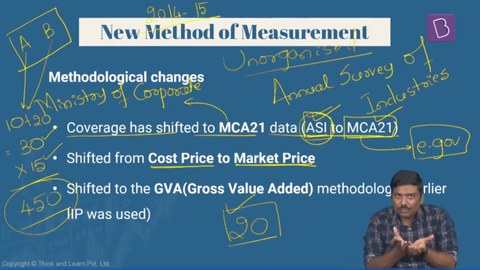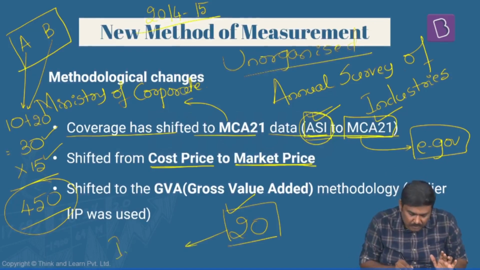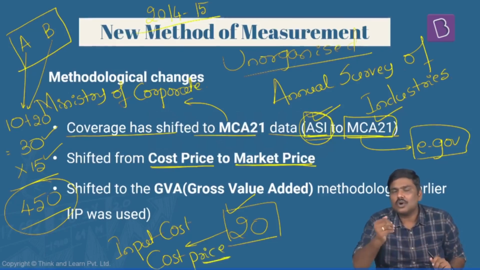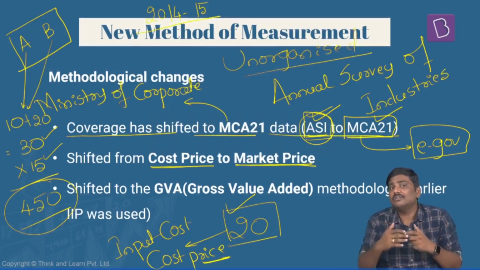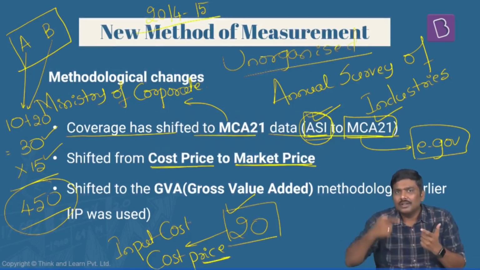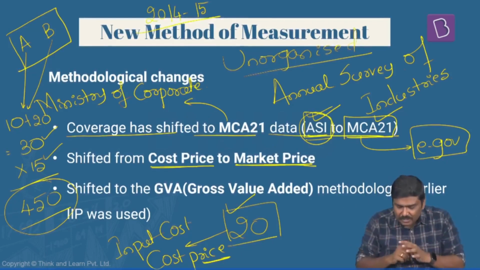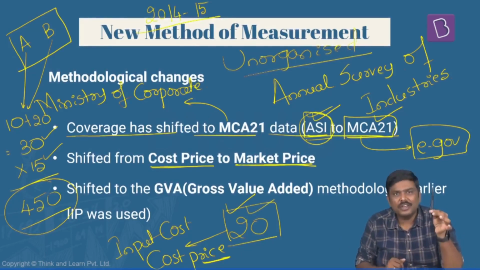I simply assume this number represents the concept of input cost or cost price. Is it okay? This 20 rupees is nothing but input cost or cost price. It includes even profit also. Right? Don't ask me, sir, where is the profit? If you remember the concept of 4 factors of production, there's a component of profit already involved. So assuming everything, what is the cost price here? 20 rupees. But have a look at this. I've manufactured this.